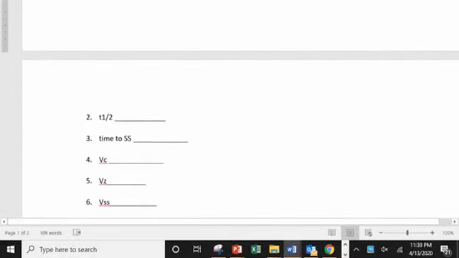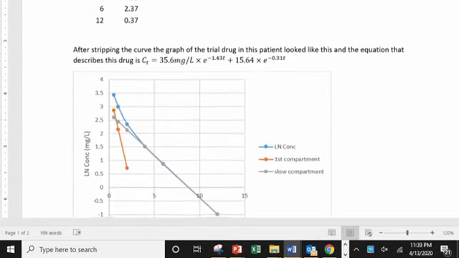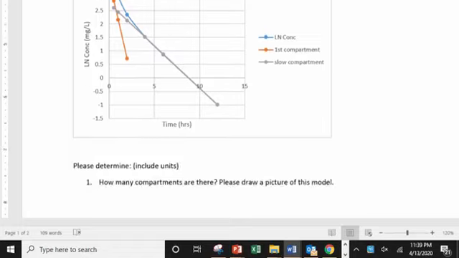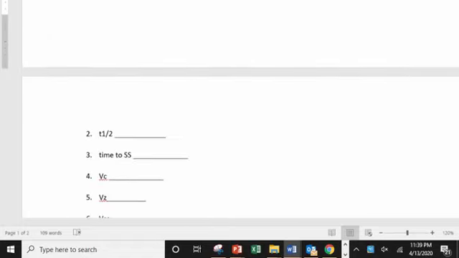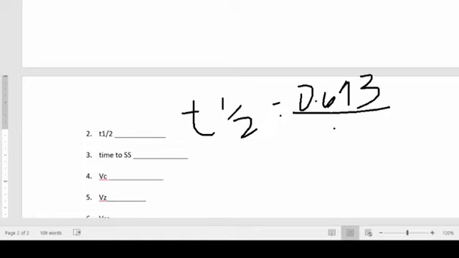Now we need to figure out our half-life. How do we figure out half-life? Well, I don't think I went over this in the slides, which I should have. Usually we can determine our half-life by 0.693 over K, right?